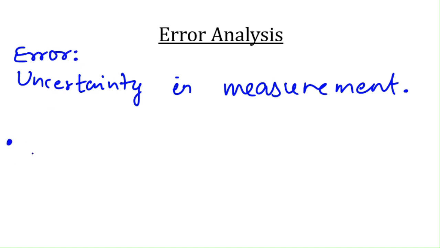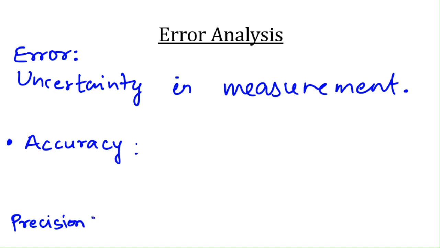Now let's introduce two terms. One is accuracy and another is precision. So what do we mean by accuracy and what do we mean by precision? Accuracy is the term for how close the measured value is to the reported value, or to the value obtained theoretically.